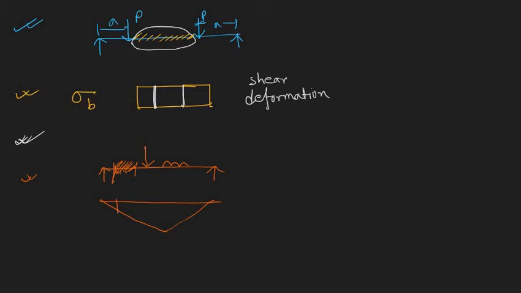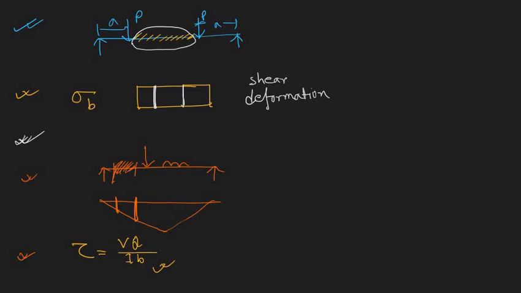Due to this variable bending moment at two different cross sections, we calculated the shear stress due to bending. If you recall, tau is equal to VQ by IB. So till now this is our progress.